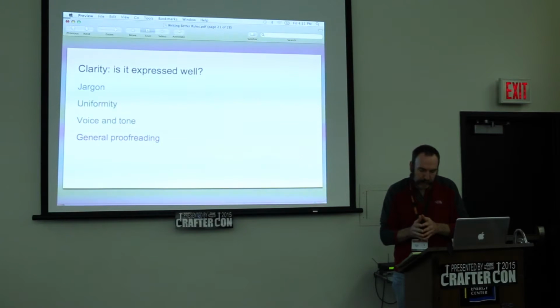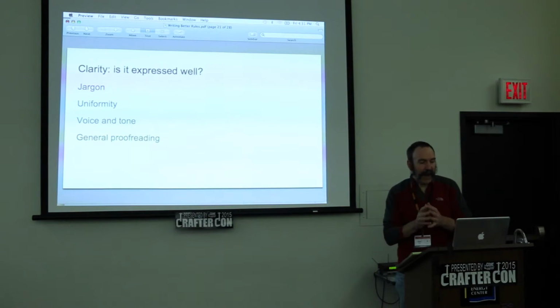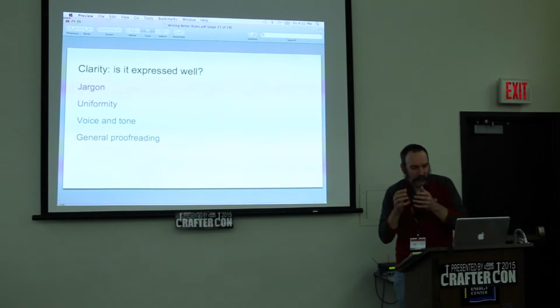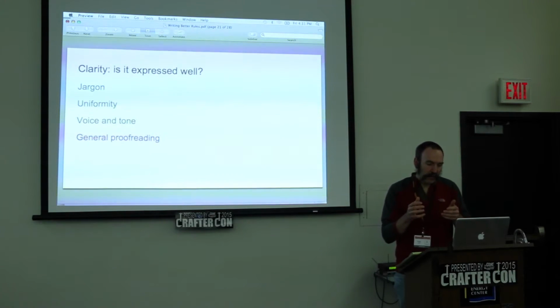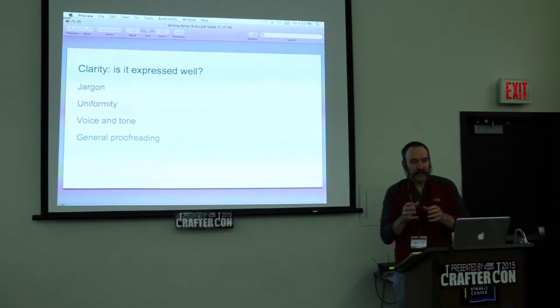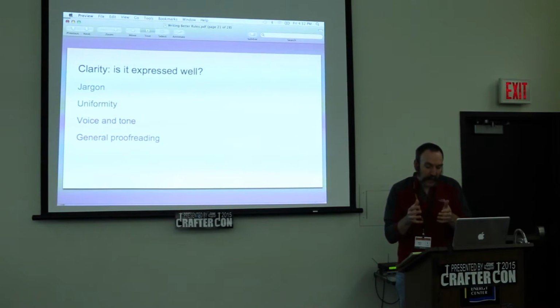The editor is also looking for clarity in the language. Is everything that's being explained well? If you're using a lot of game terms that are not common English, those do need to be explained, but it's not helpful to use a lot of terms or to make up your own terms for things that are commonly understood.